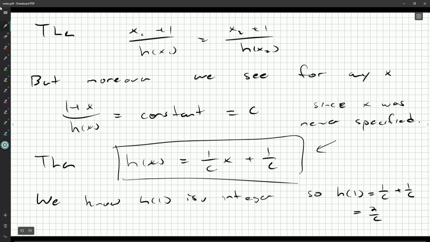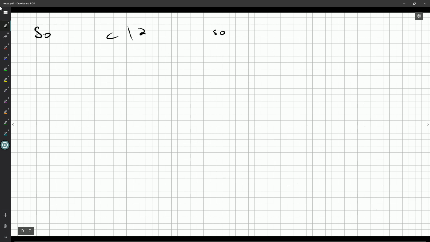So c has to divide 2. In fact, it's a positive integer. So c is 1, which we know works, or 2, which we now need to reason does not work. And maybe we'll have to use part B here. So maybe h of 1 is 2. How can we rule that out?